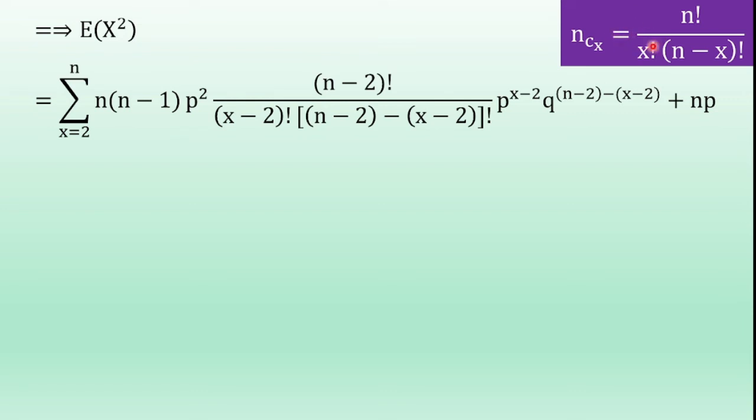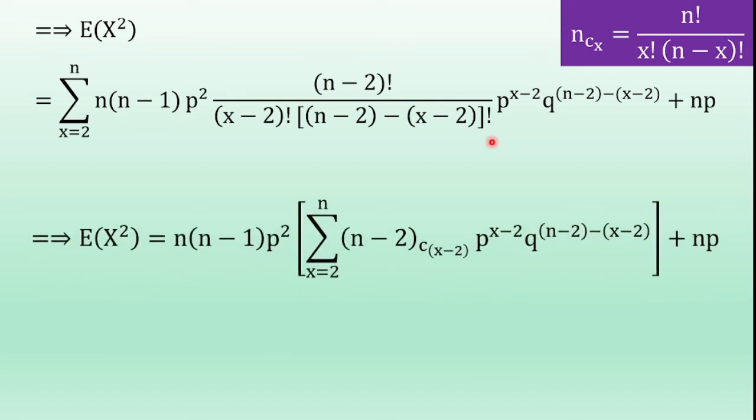Using this expression, n minus 2 factorial by x minus 2 factorial into n minus 2 minus of x minus 2 factorial is written as n minus 2 C x minus 2.